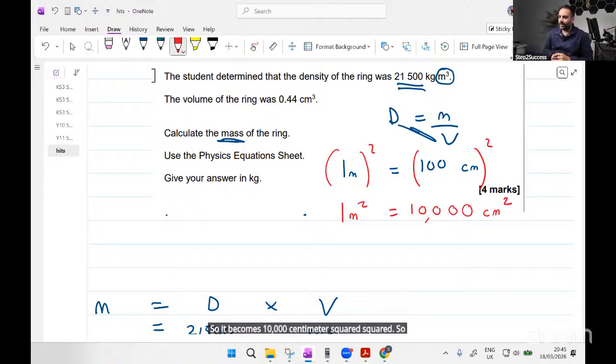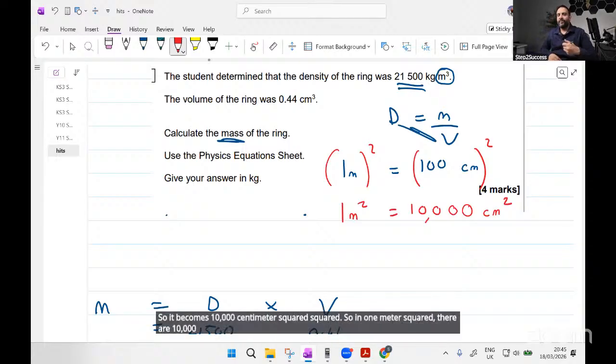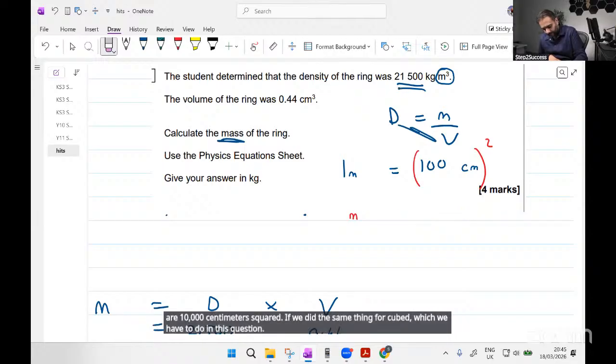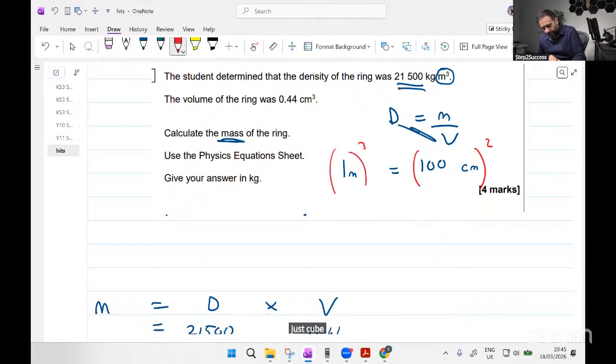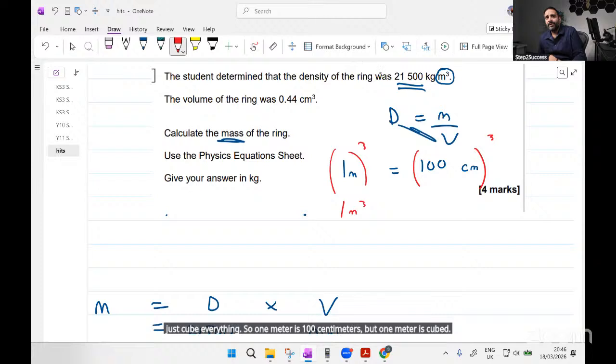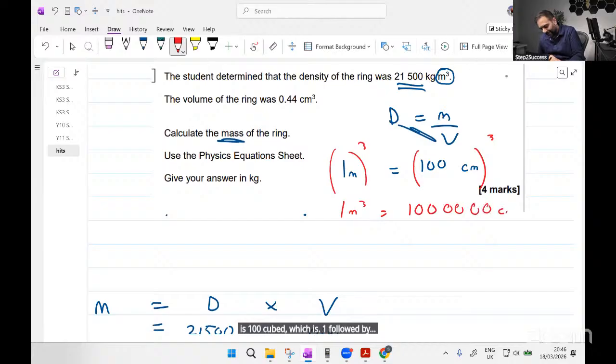So in 1 meter squared, there are 10,000 centimeters squared. If we did the same thing for cubed, which we have to do in this question, just cube everything. So 1 meter is 100 centimeters, but 1 meter cubed is 100 cubed, which is 1 followed by 6 zeros. So it is 1 million centimeters cubed.